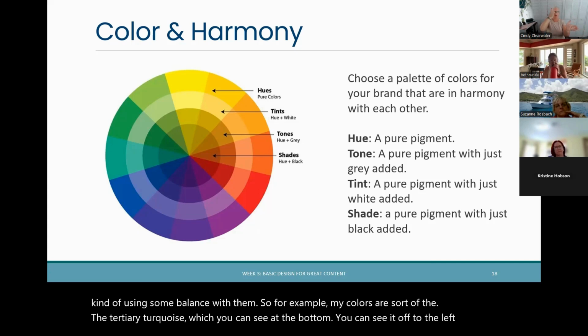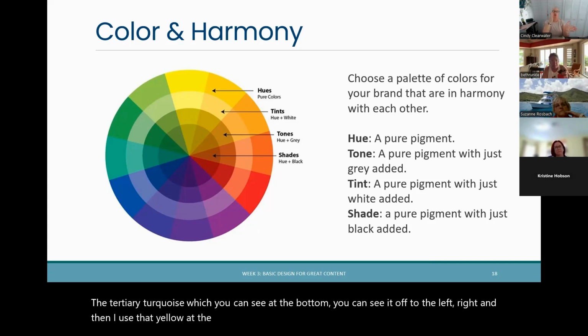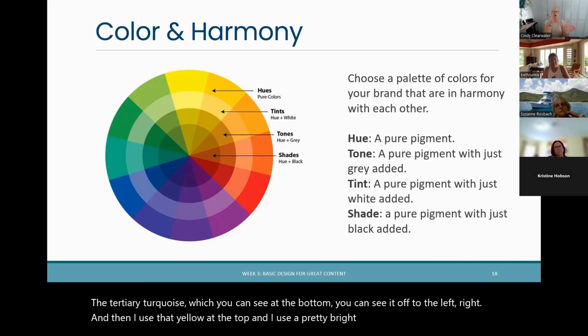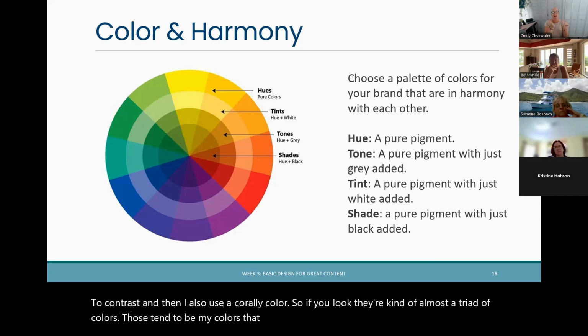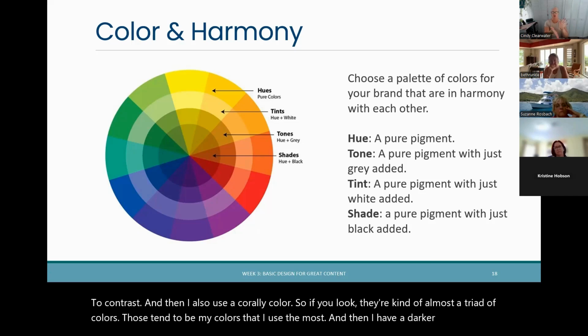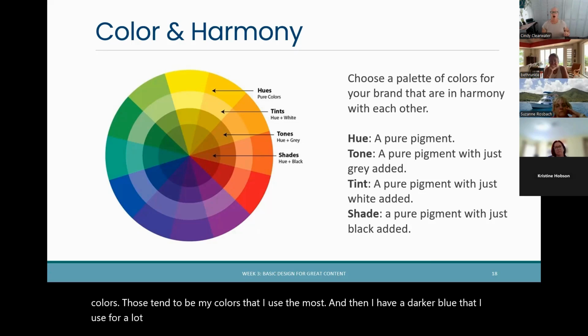And then I use that yellow at the top. I use a pretty bright primary yellow to contrast. And then I also use a corally color. So if you look, they're almost a triad of colors. Those tend to be the colors I use the most. And then I have a darker blue that I use for a lot of contrast.